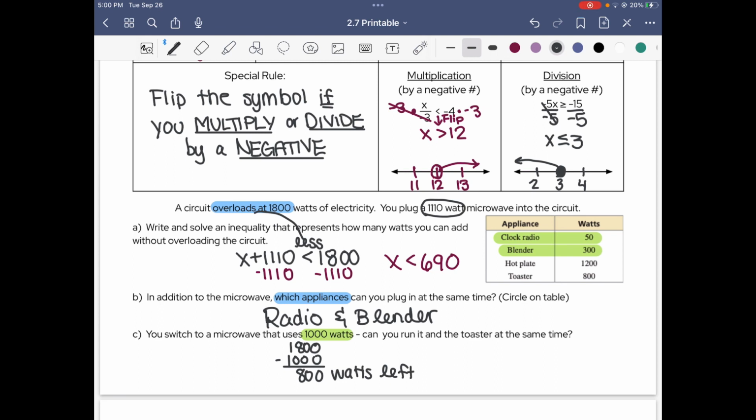And the toaster is exactly 800. So it's right there on the borderline, but since it said less but not equal to, I would go with no. Only less than 1800, not less than or equal to.